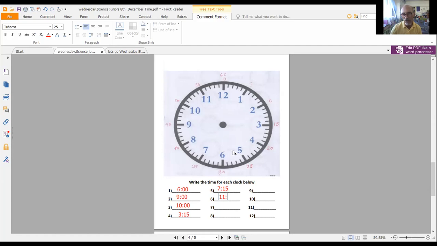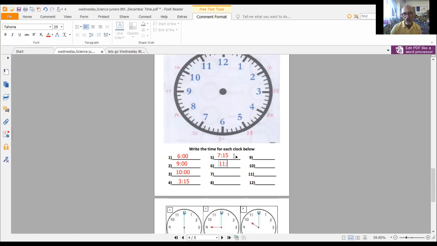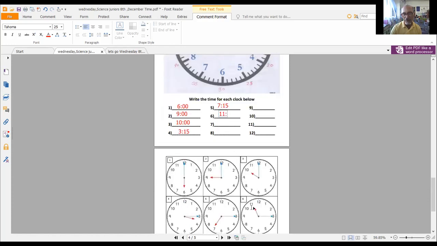Number 3 is 15. 5, 10, 15. 4 is 20. There's 20 minutes. 5 is 25 minutes. So looking at that clock, number 6, what do you see for minutes? There's 11 hours and 15 minutes. 11 hours, 15 minutes. So the time would be 11:15.